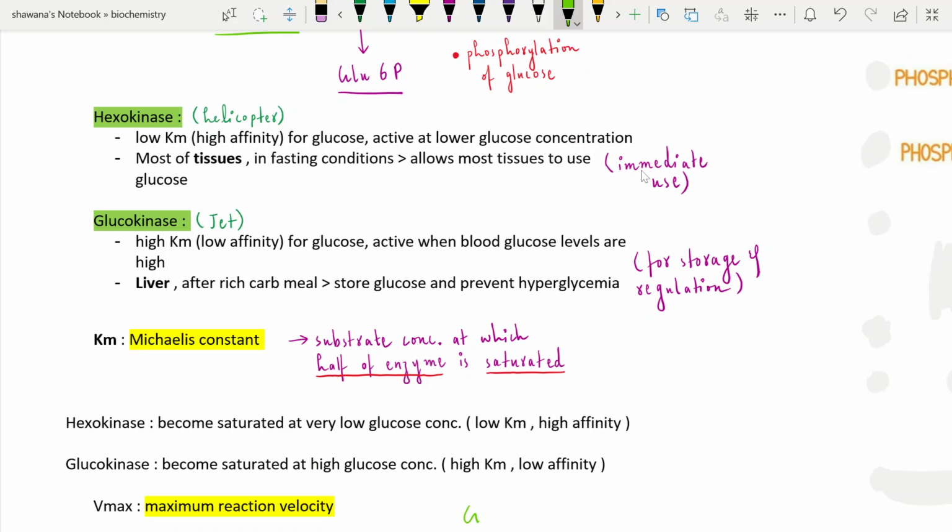It's like a jet. It requires a lot of substrate, a lot of people, right? So it has high Km. And hexokinase requires low glucose concentration, a smaller number of people. So it has low Km, but it has high affinity, and glucokinase has low affinity for glucose.